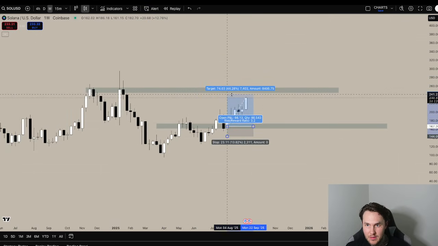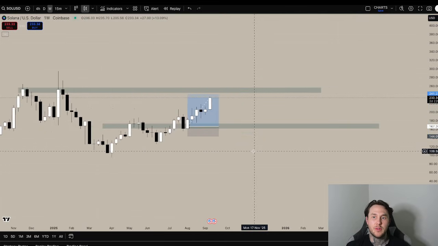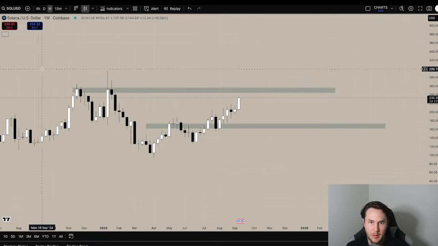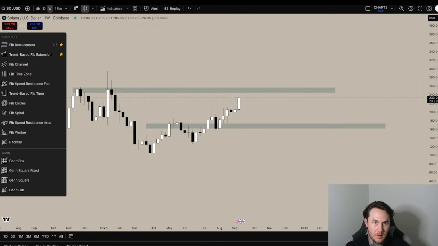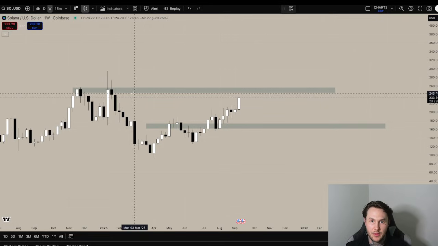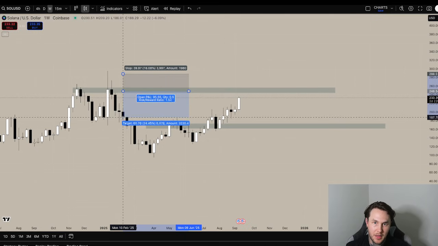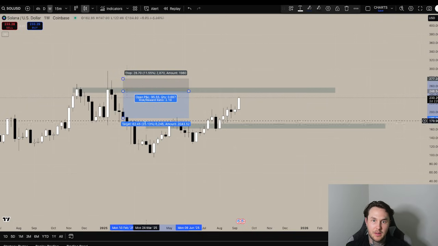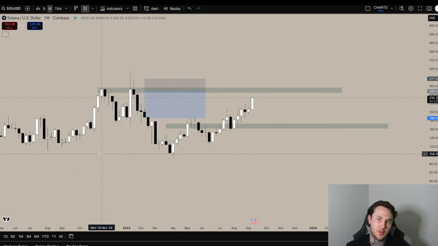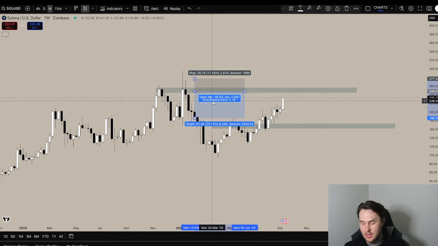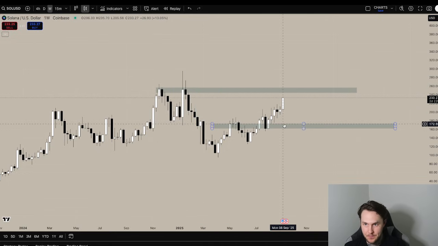Set your take profit just before the next resistance zone, and then vice versa if you're shorting the market. So this was resistance here, it bounced, so you can put your stop loss above the wick and still claim a nice 2-to-1. Make it easy. You don't want to be going for these crazy targets that no one's going to get.